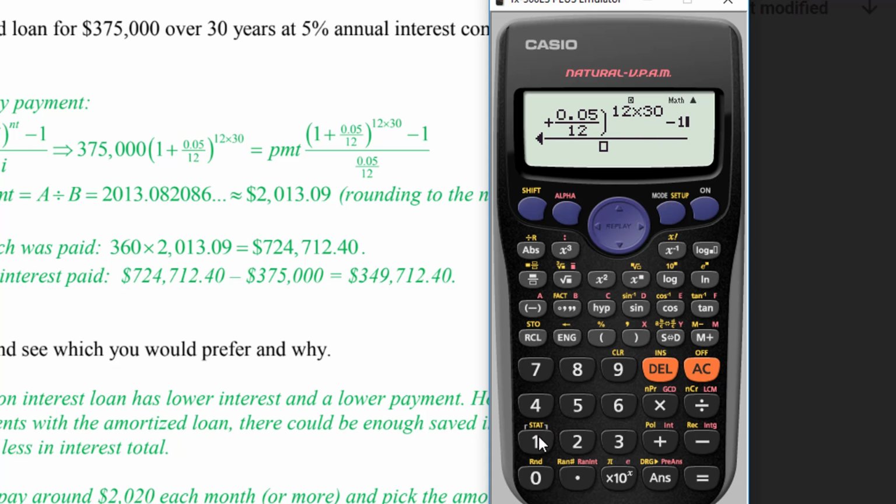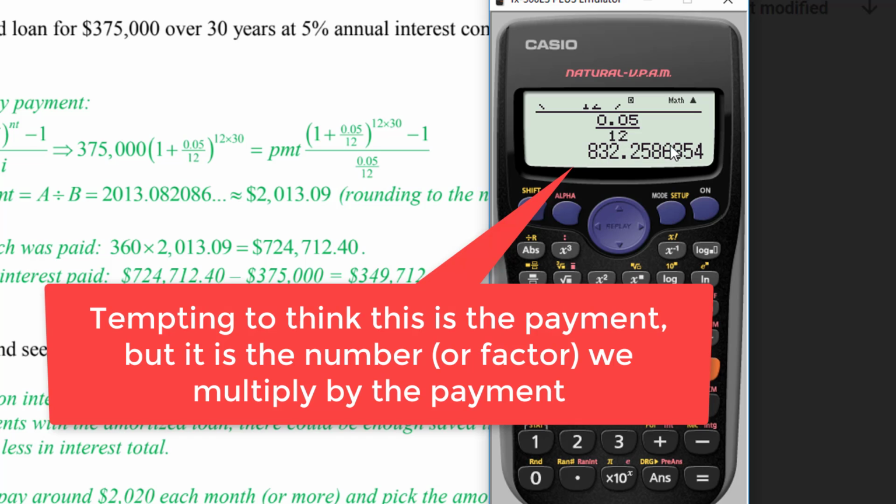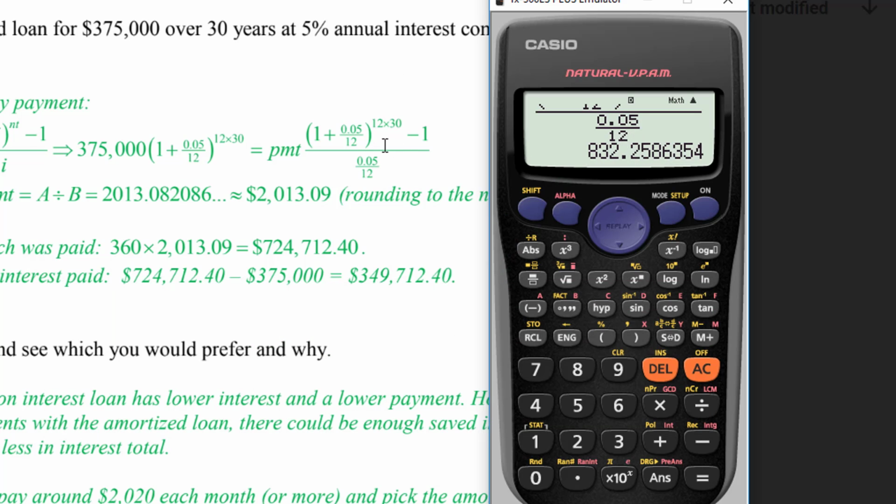I need a -1, and if you're interested where that comes from, I'd encourage you to read a little bit more in the book. It's kind of helpful. Then divided by 0.05 divided by 12, and I'll hit equals. Now here's this 832. This is the factor that gets multiplied by your payment to get you to that total amount. So I'm going to store this as B.